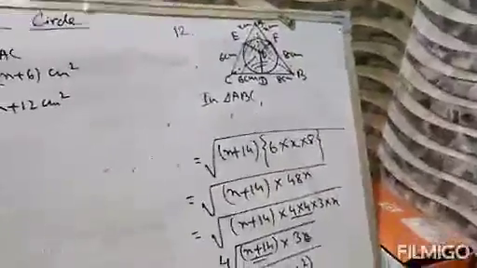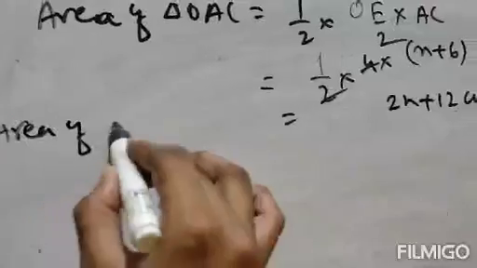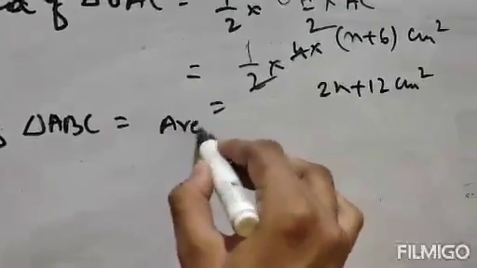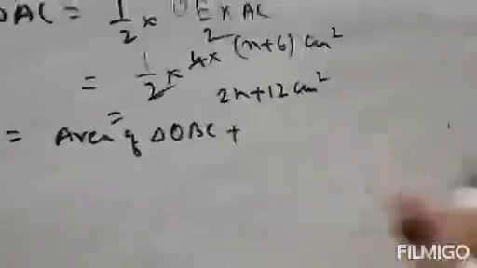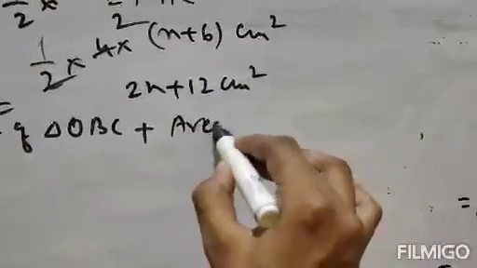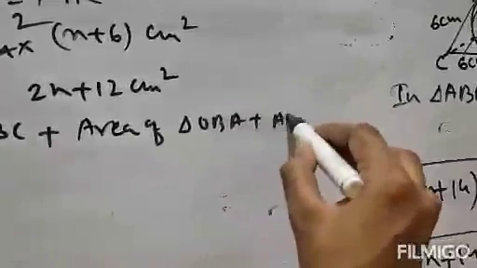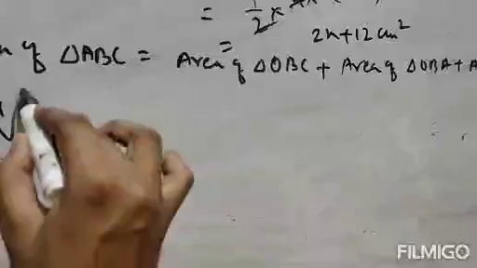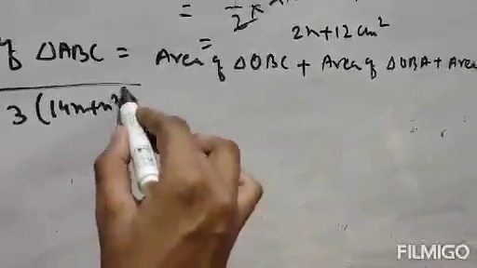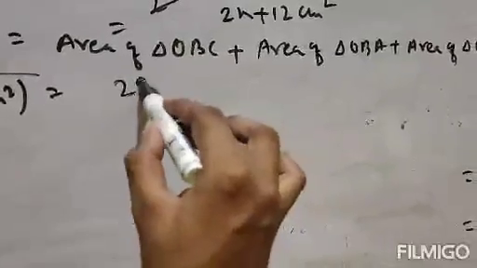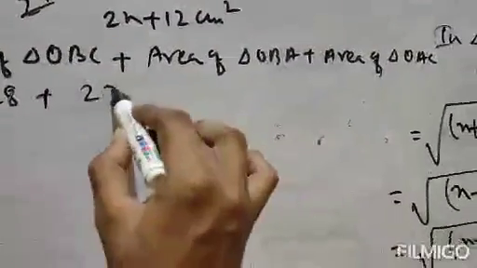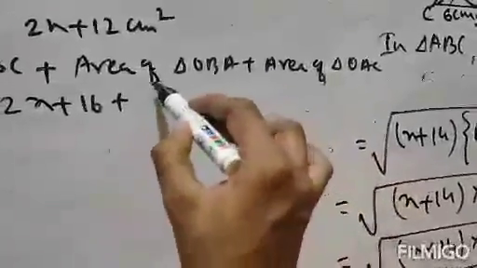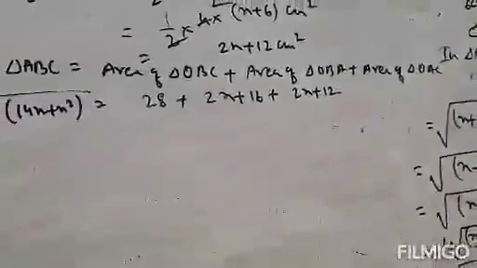So we can write that area of triangle ABC equals area of triangle OBC plus area of triangle OBA plus area of triangle OAC. That is 4 root 3 into 14x plus x square equals 28, plus 2x plus 16, plus 2x plus 12.